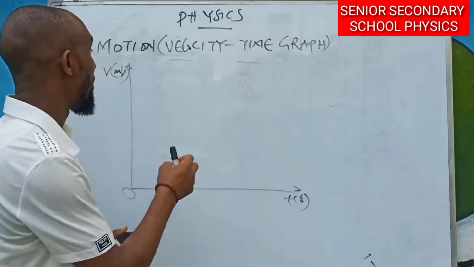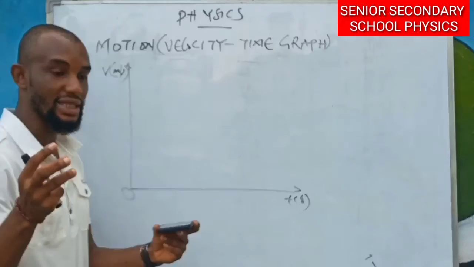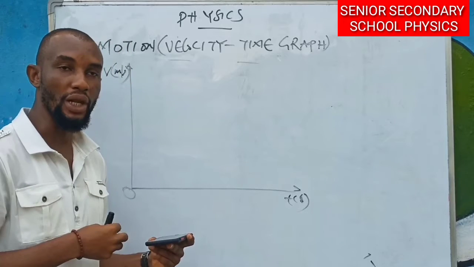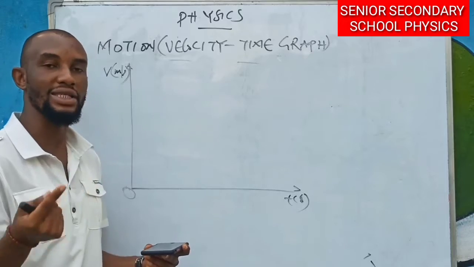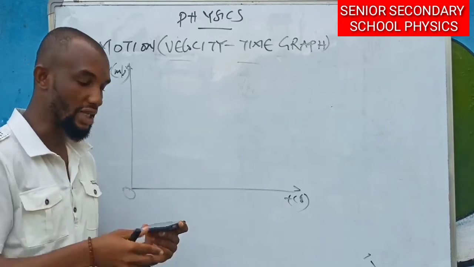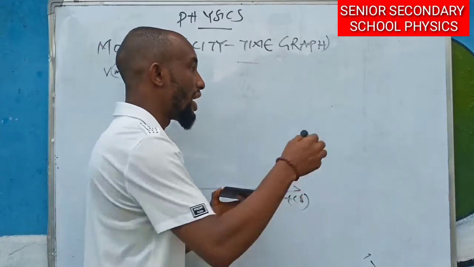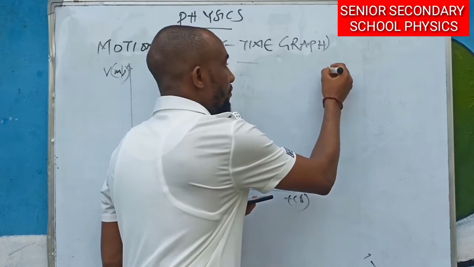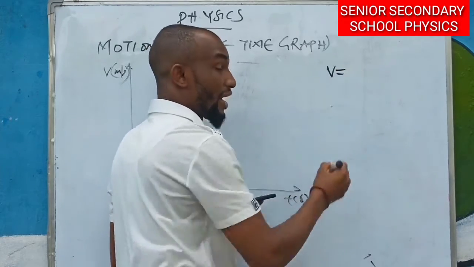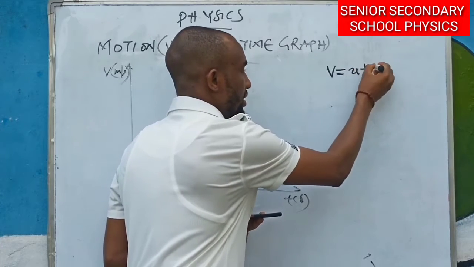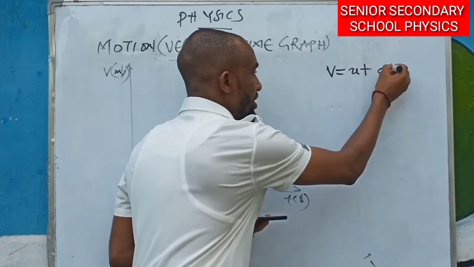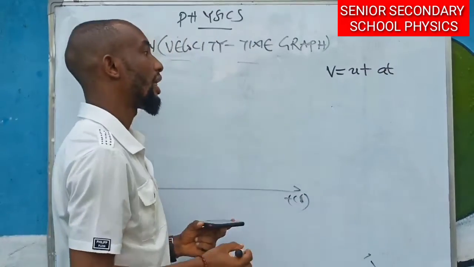Now, this is a velocity time graph, and now acceleration has come into play. But this is a graph of velocity against time. It now means that we are going to convert our acceleration to velocity. And what is the formula for doing that? v, which is the final velocity, is given as the initial velocity plus the multiplication between acceleration and time.